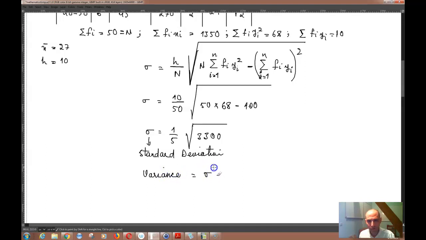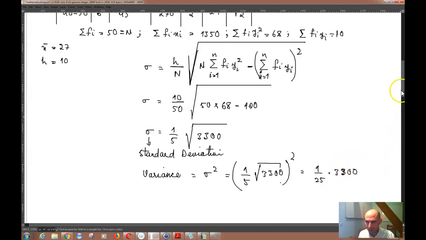To calculate variance, which is equal to sigma squared, you have to write 1 divided by 5, the square root of 3,300, and square it, which is equal to 1 by 25 times 3,300.